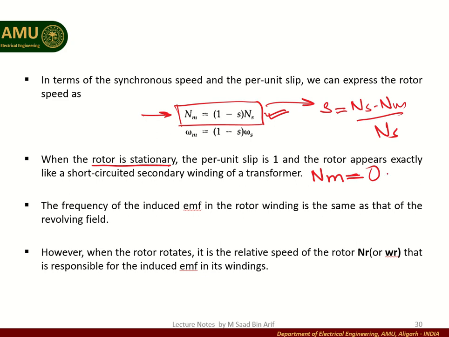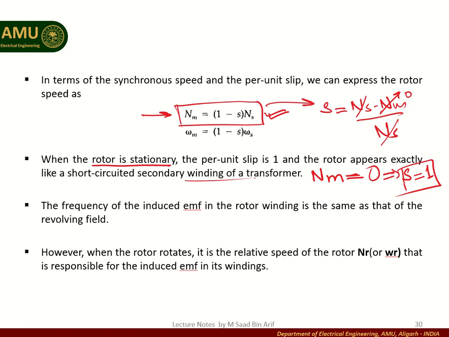It implies that when the rotor is standstill, slip is equal to Ns upon Ns, which equals 1. So in this condition the rotor appears exactly like a short circuit. We will see how we establish that fact.